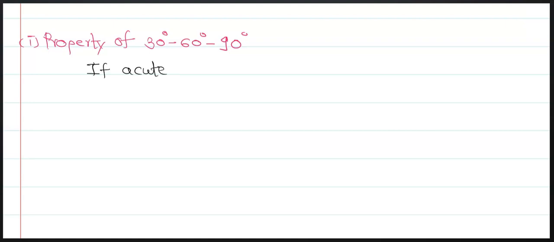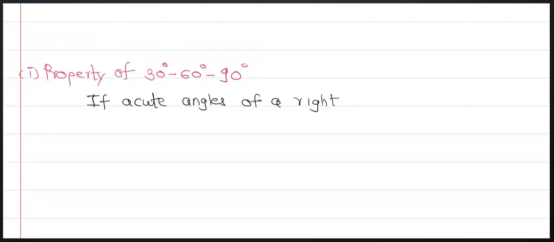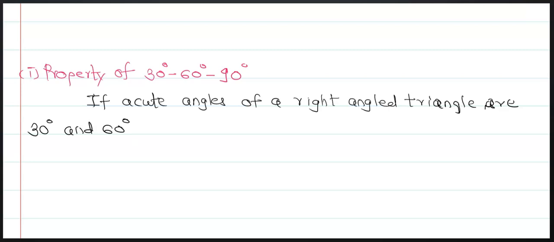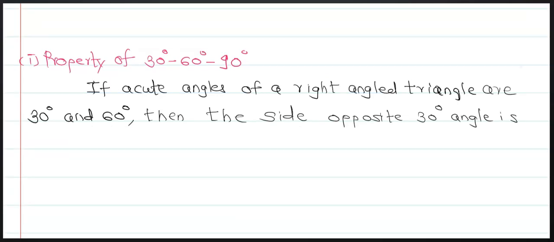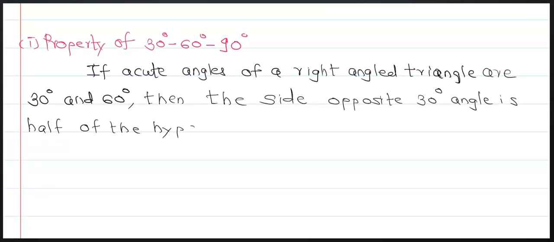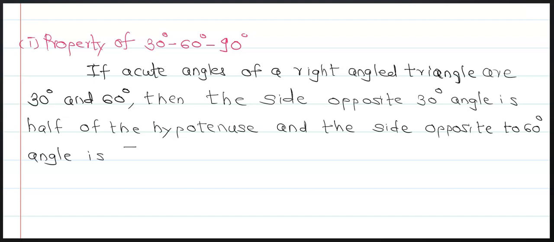That is, if the acute angles of a right angle triangle are 30 degree and 60 degree, then the side opposite to the 30 degree angle is half of the hypotenuse, and the side opposite to the 60 degree angle is root 3 upon 2 times the hypotenuse.